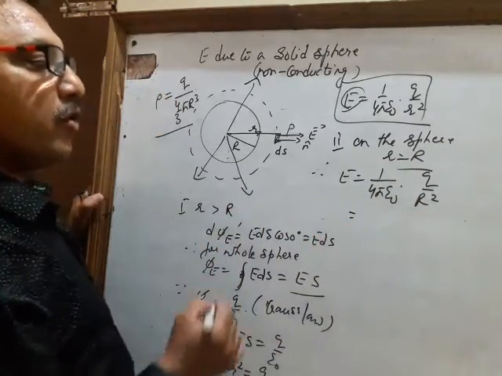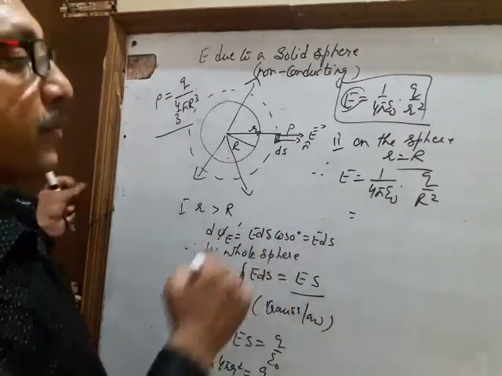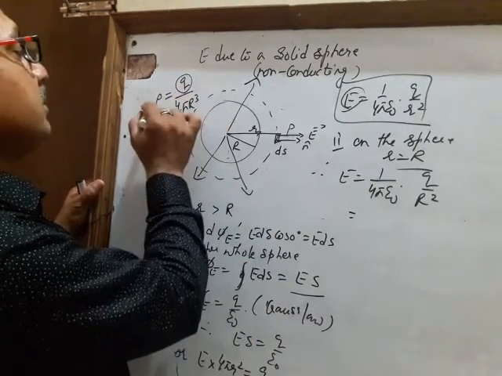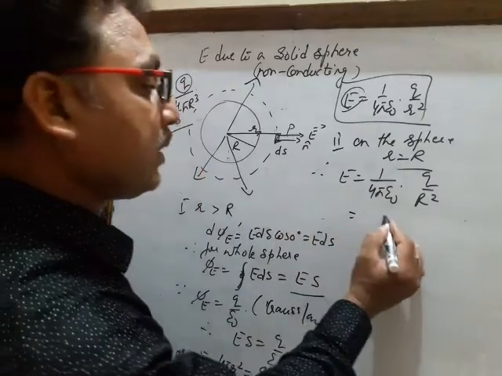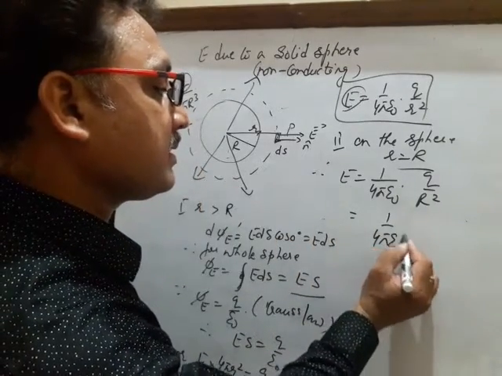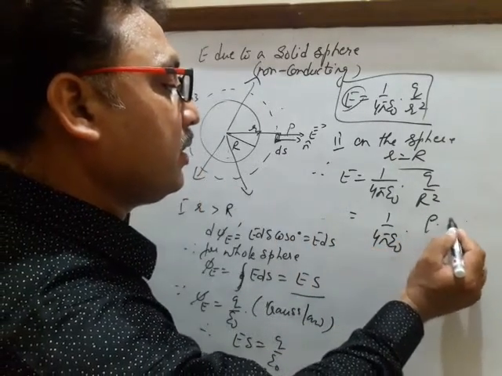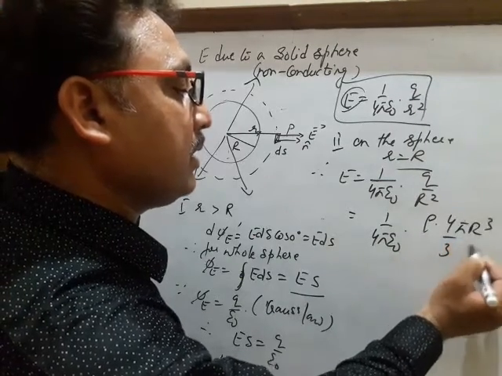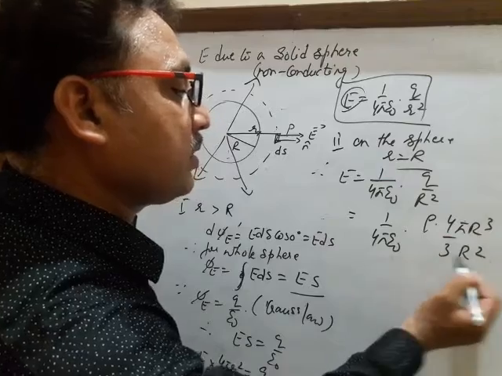Now in terms of volume charge density, you can express this formula for E. So Q equal to how much? Rho into 4 by 3 pi R cube, and R square is there in the denominator already.